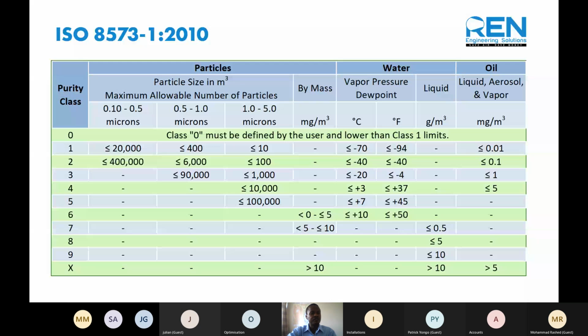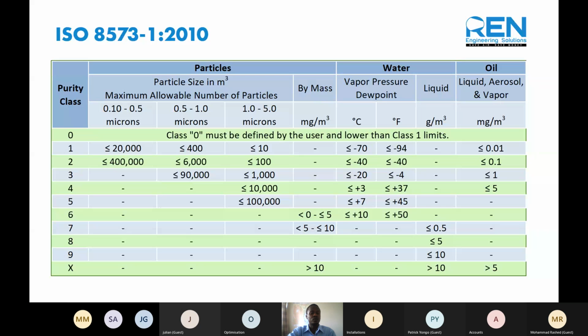For example, if your air meets class 1 for particles, then the limit in terms of the allowable number of particles of different sizes are defined along that row. You will also find for water, class 1 is less than or equal to -70 degrees Fahrenheit pressure dew point, while for oil, class 1 means less than or equal to 0.01 micron.